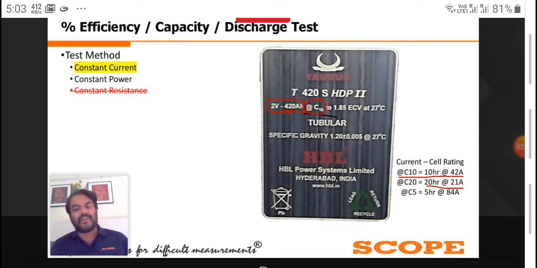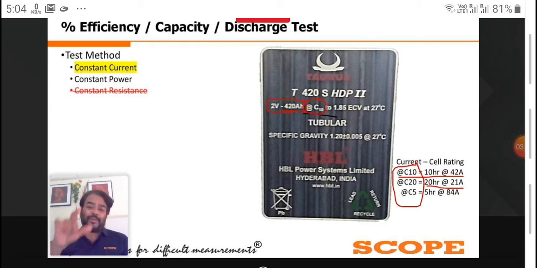Similarly, if it is a C5, so whatever is mentioned like this C5 or C10 or C20, sometimes you will find it C8 or some other values. C50 also are available. So whatever number is followed along with the C, it is the number of hours within which the rated ampere hour should be drained.